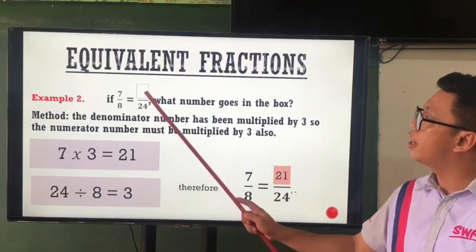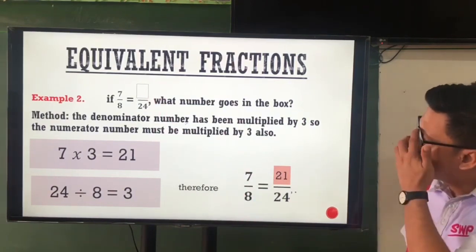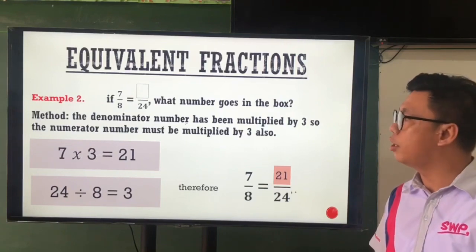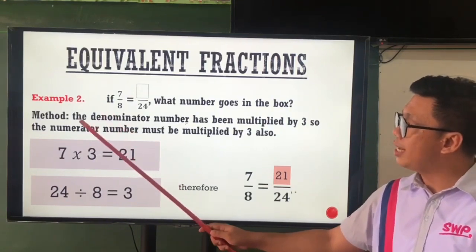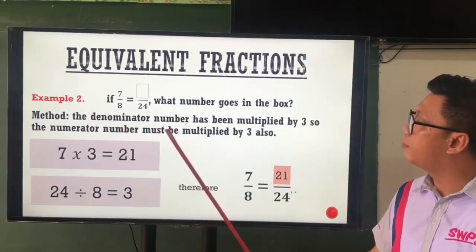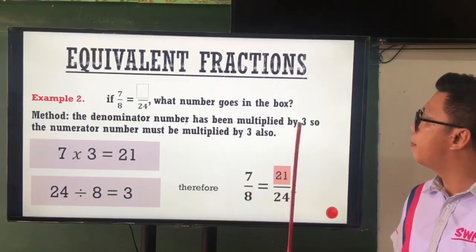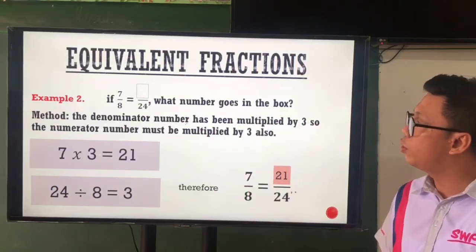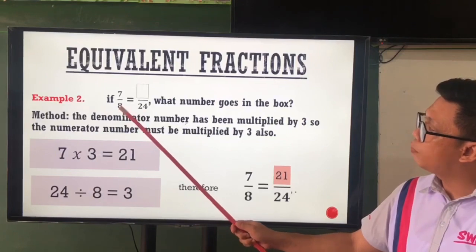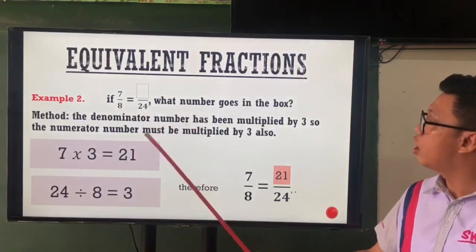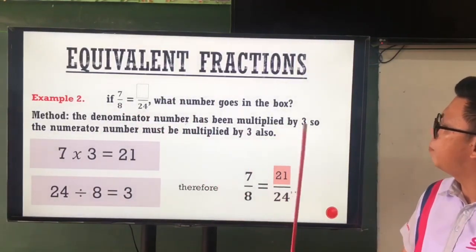So how is the method? The denominator has been multiplied by 3, because 8 multiplied by 3 is 24.